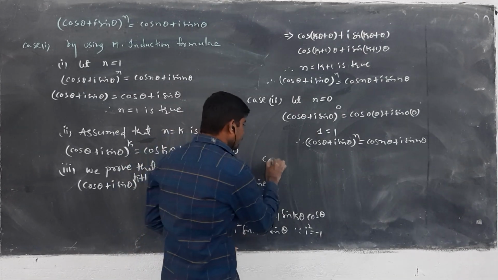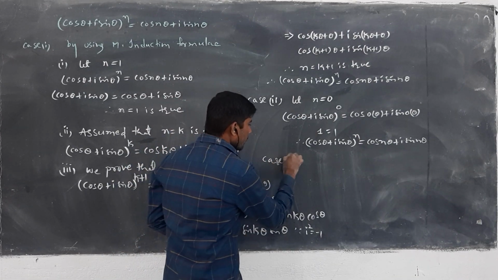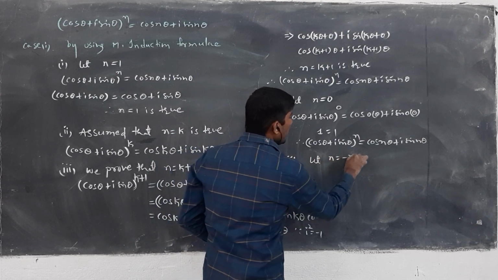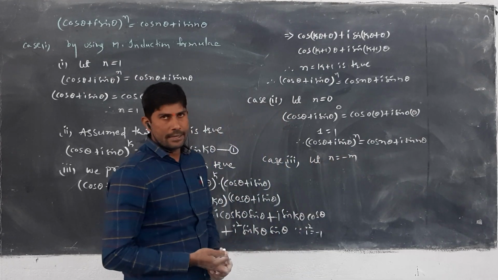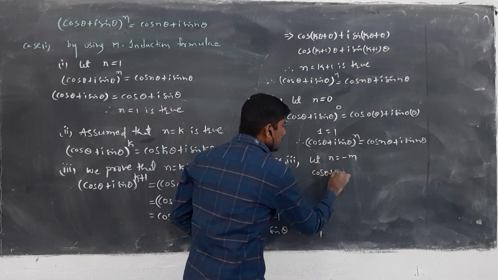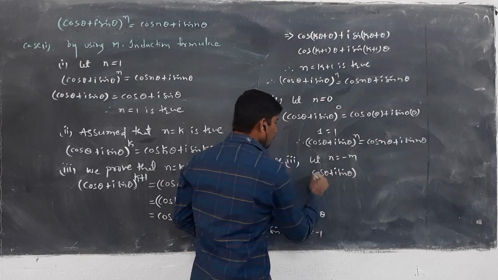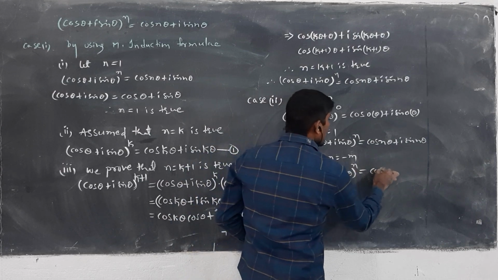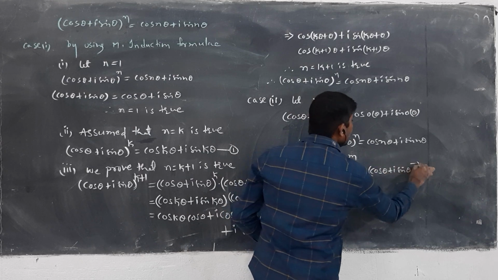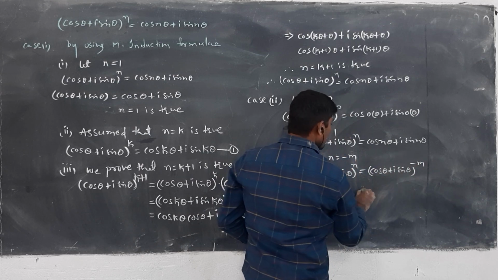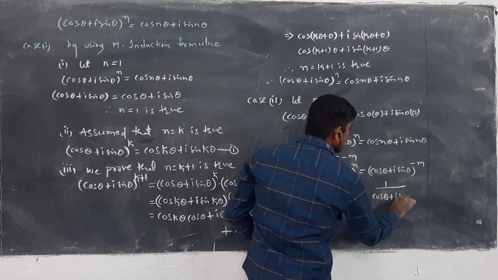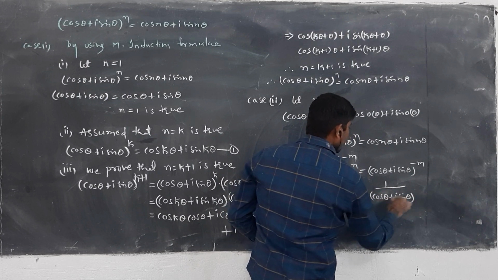Next, case 3. Let n is equal to minus m, a negative integer. So here (cos theta plus i sin theta) whole power of n is equal to (cos theta plus i sin theta) whole power of minus m. That we write as 1 by (cos theta plus i sin theta) whole power of m.